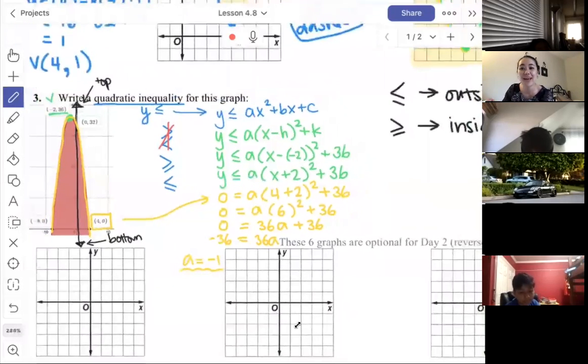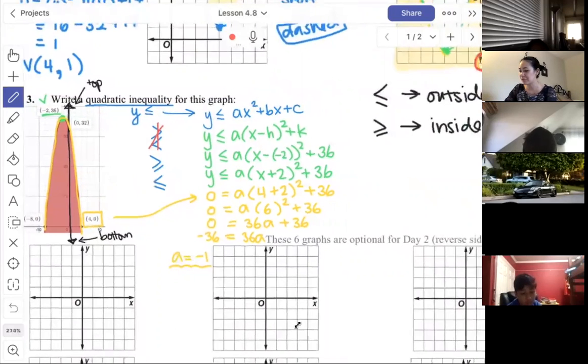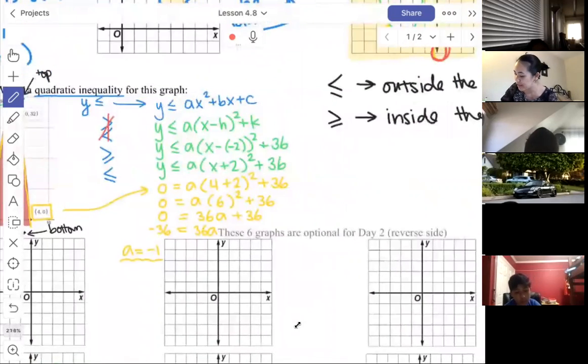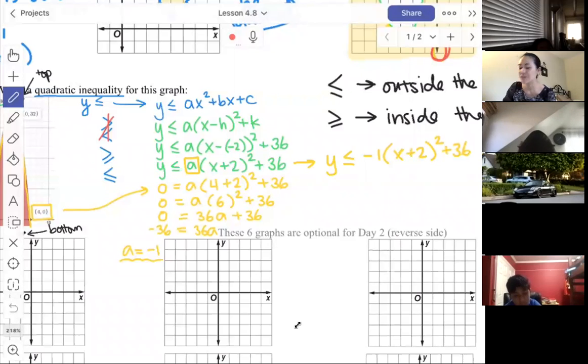Any questions on that step? Then we are almost done. We can plug in that a right here. So we get y is less than or equal to -1(x plus 2) squared plus 36.